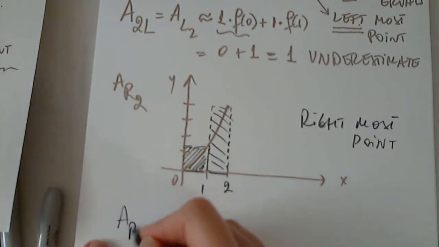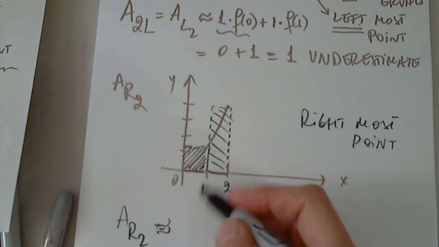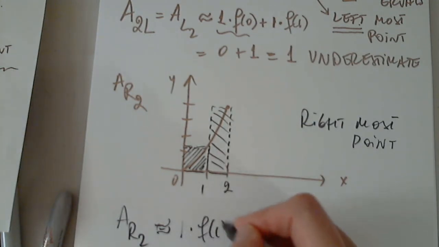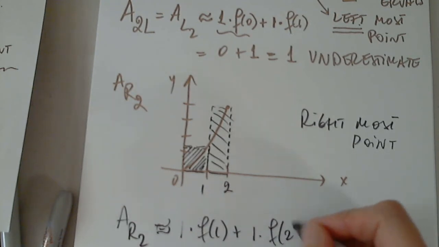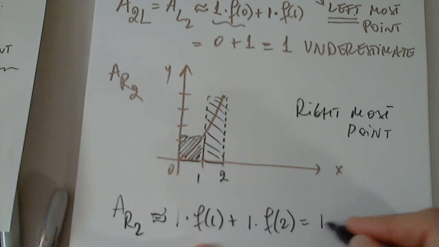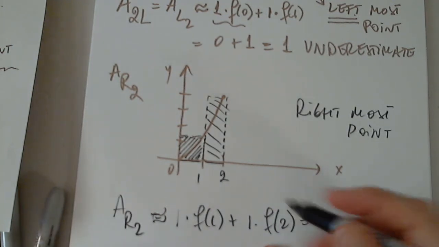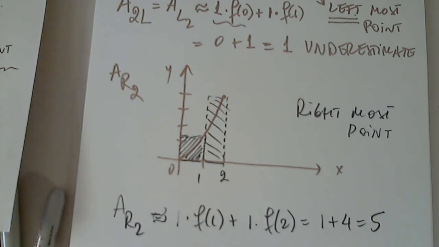So the area with R2 is approximately base times height, 1 multiplied by f of 1, plus base times height, 1 multiplied by f of 2. Well, 1 times f of 1 we already know is 1, plus 1 times f of 2 is 4, so this is 5. Now, I'm going to ask again, is this an underestimate or overestimate?